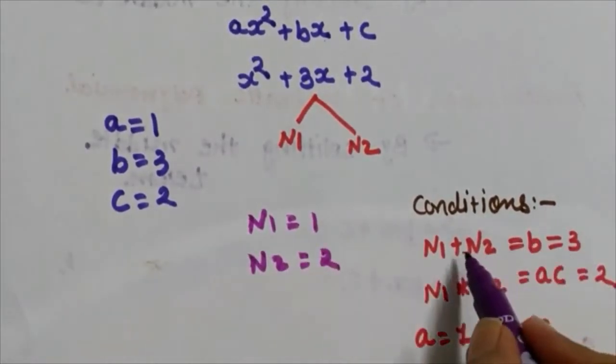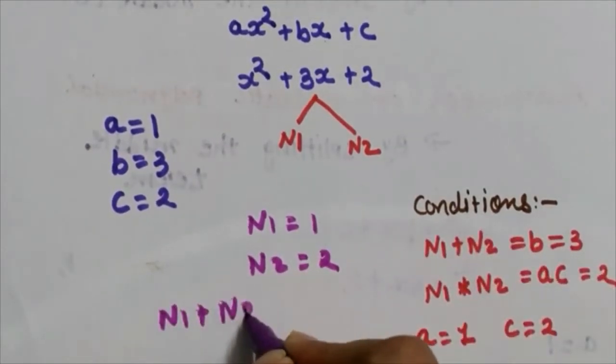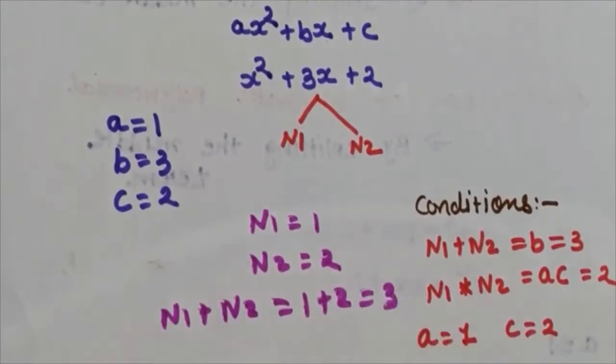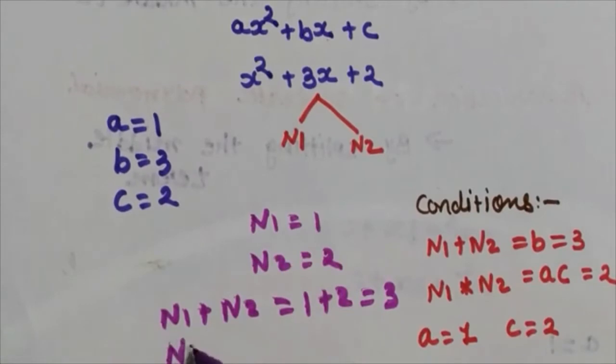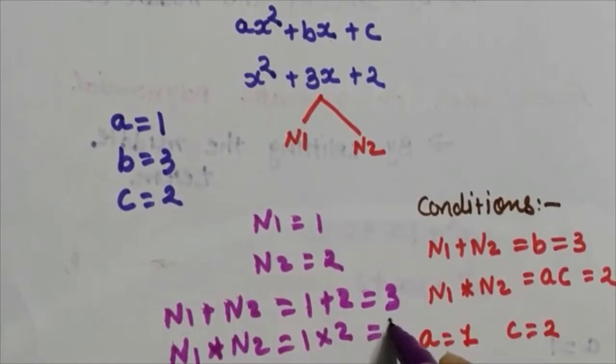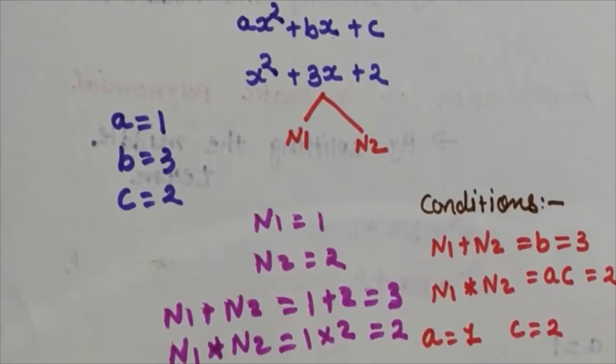So here we will see that the first condition n1 plus n2 is equal to 1 plus 2 is equal to 3. Same way n1 multiplied by n2. So 1 multiplied by 2, product is 2. So n1 is equal to 1 and n2 is equal to 2. 1 and 2, these two numbers can satisfy these two conditions.